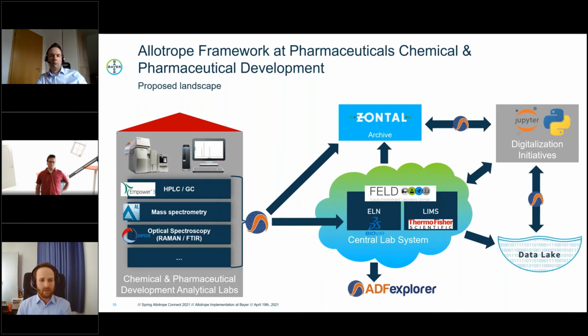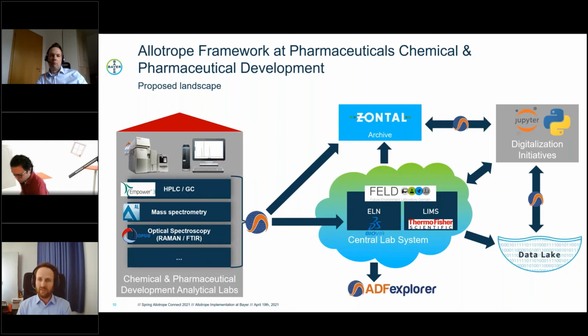And then based on that central lab system, we are also looking into digitalization initiatives, of course, as many companies are doing at the moment, which could happen, for example, with Python, with Jupyter notebooks, but these are just examples. And our target is then also to use all the data we have in our central lab systems.